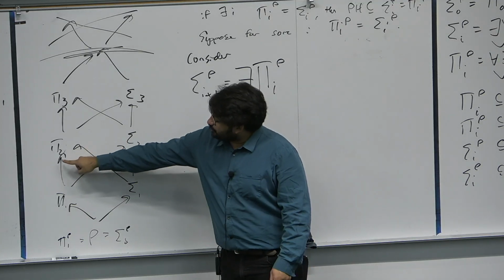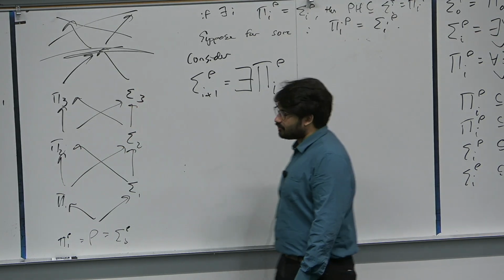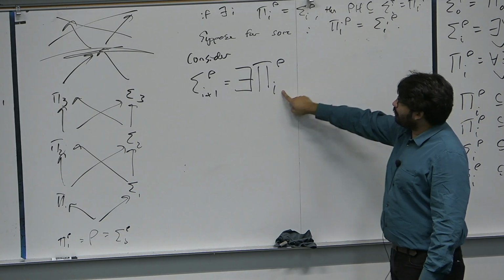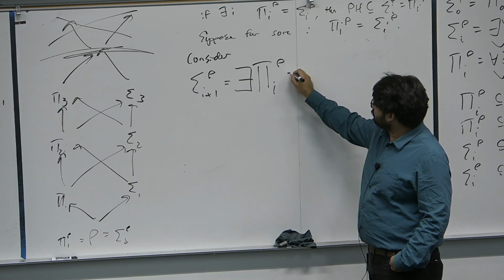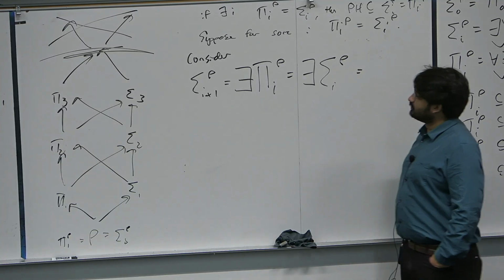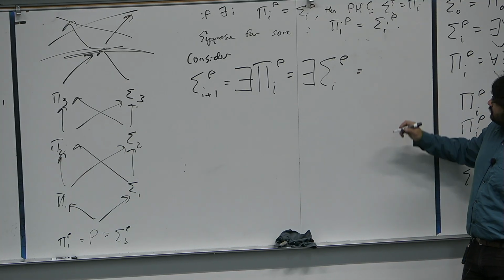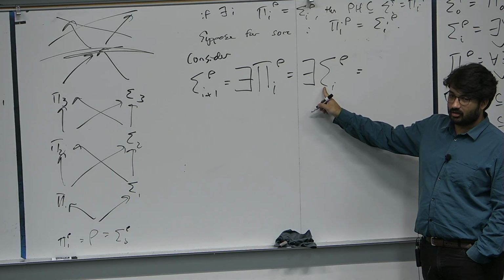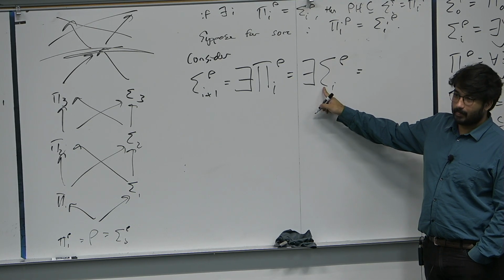You can take pi 2 p and get sigma 3 by existentially generalizing it, right? But if we know that pi i p equals sigma i p, what do we know about pi i p? It's equal to sigma i p. So this is just exists sigma i p, which is what? Almost.